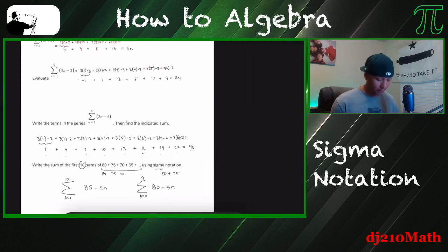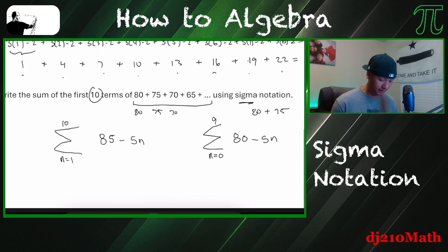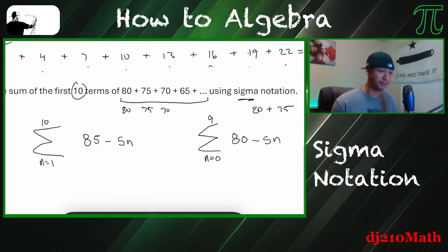So recapping, we have the Greek letter sigma, and it basically means the sum of. So you're going to create a series, because that's what a series is: terms being added in order.